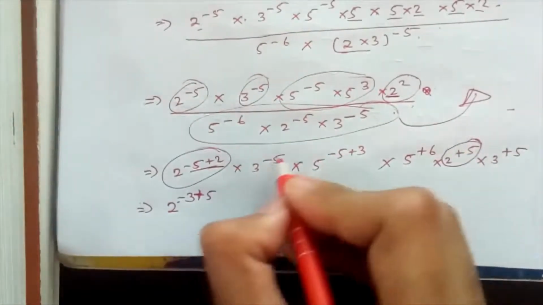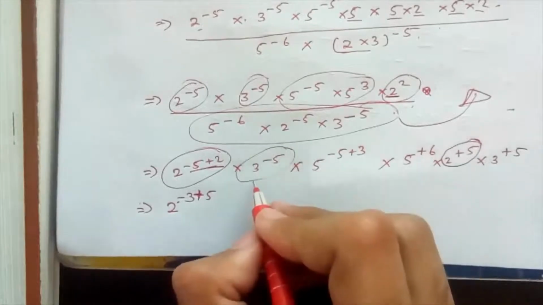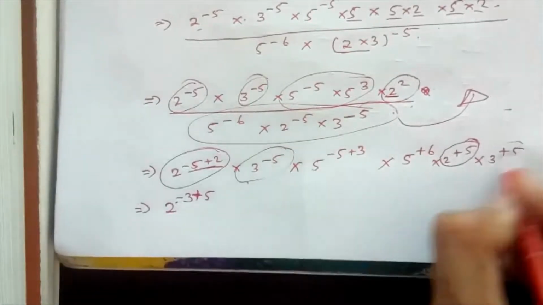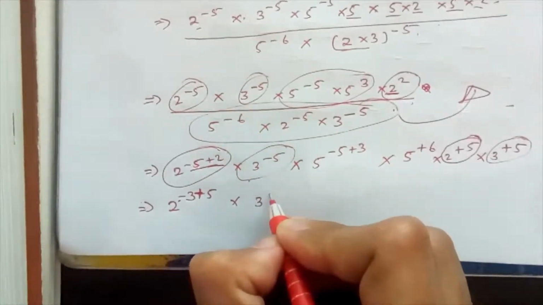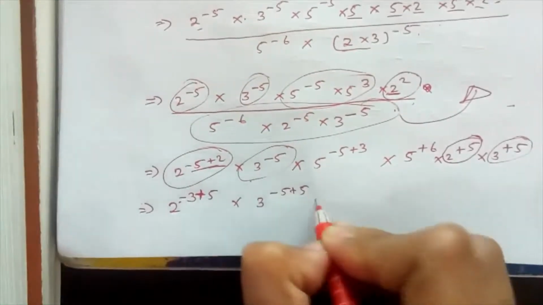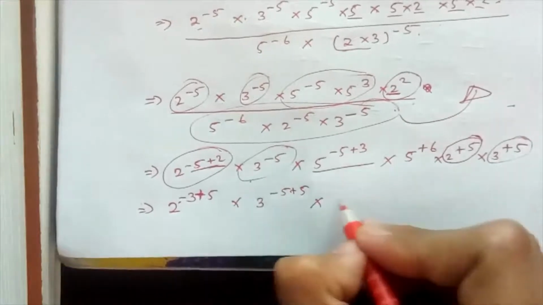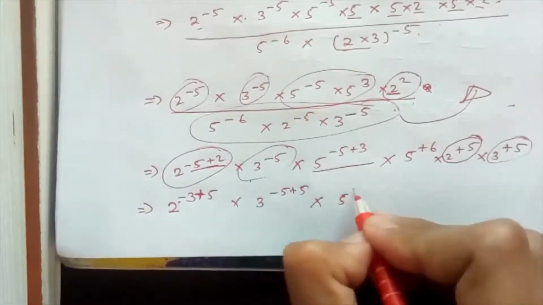These two are solved. Now taking 3 powers, 3 to the power minus 5, 3 to the power plus 5, and write it as 3 to the power minus 5 plus 5 into 5 to the power minus 2.